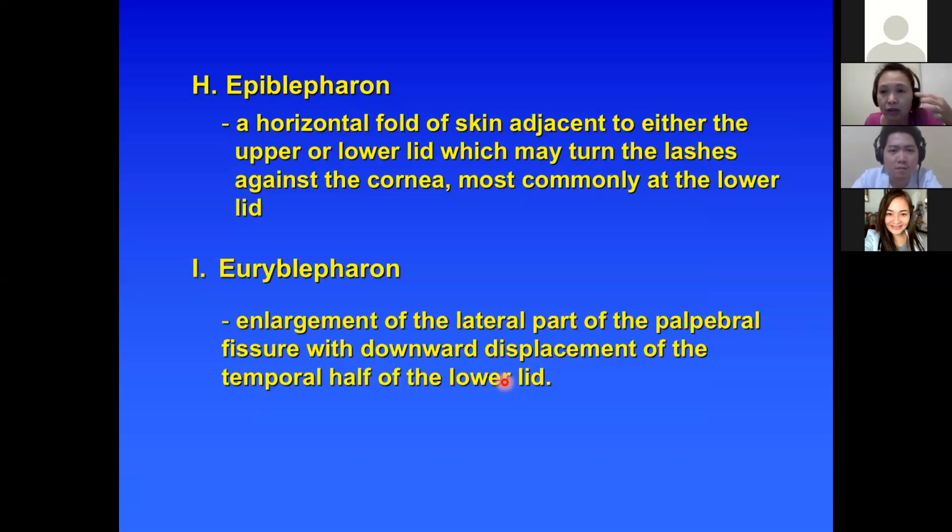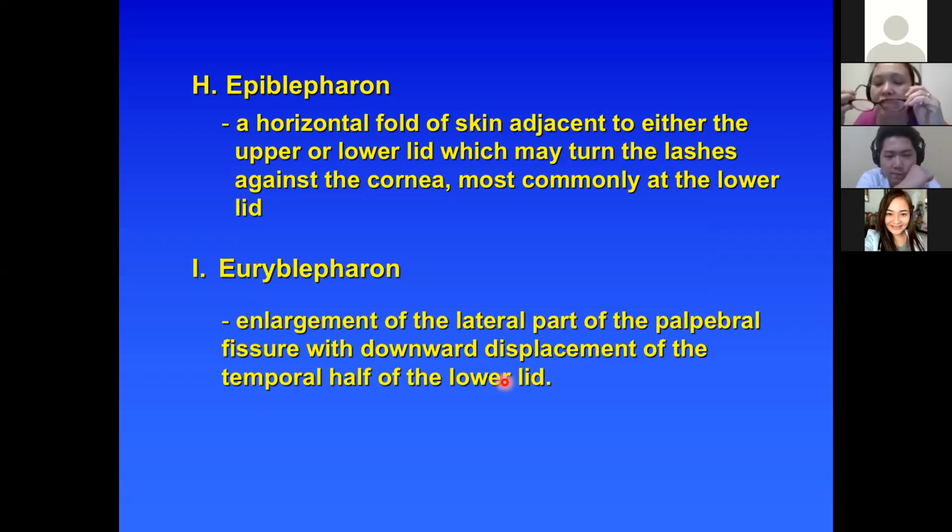Now if the lash will bend towards the eyeball, we usually operate on that also. We repair the lower lid. But if it is not that severe, we just wait until the patient develops the nose bridge na. Kasi eventually, the lash, the lid margin will just evert outwards. Okay?